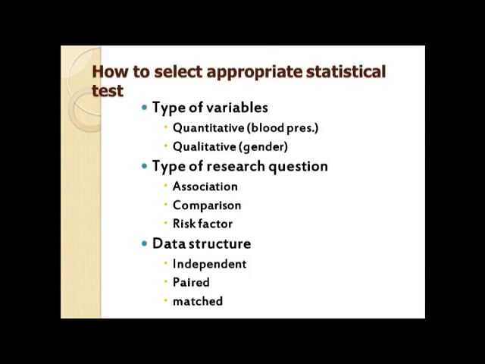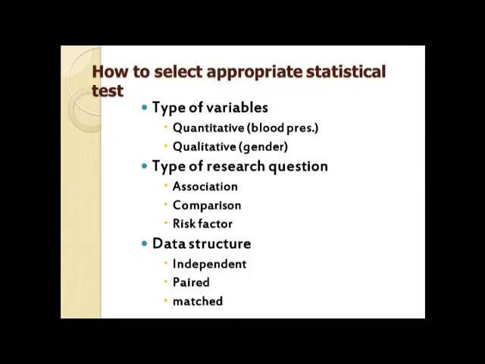For convenience, I have divided this selection of appropriate tests into three things. First and most important is you have to look at what are the types of variables in your study, whether you have quantitative or categorical or qualitative. For example, quantitative examples are blood pressure, pulse rate, height, weight.